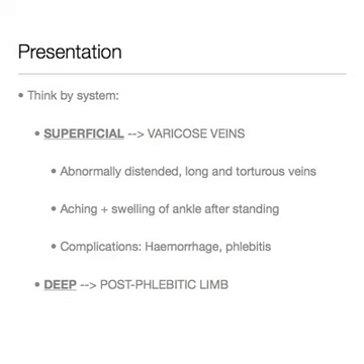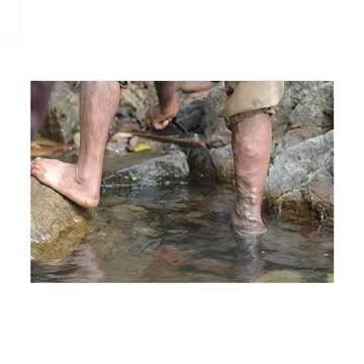Valvular incompetence within the superficial veins results in varicose veins. The patient will complain of abnormally distended and tortuous veins in the leg, and the distribution of these veins will depend on exactly which vein is affected.